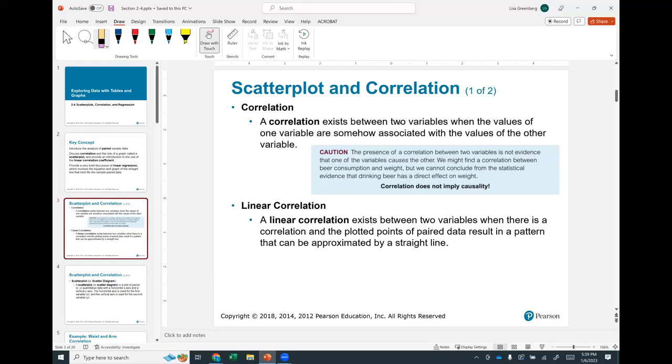We graphed age at the bottom horizontally, and we graphed hair length vertically.